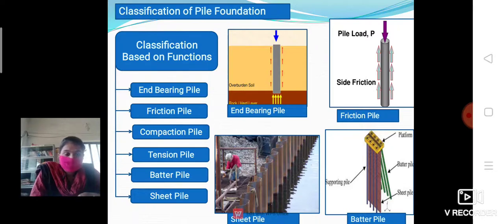You can see it in dam structures. When you want to construct something on the downstream side of a dam, at that time we use sheet piles to obstruct water. Then friction piles, end bearing piles. These all are the different types of piles.